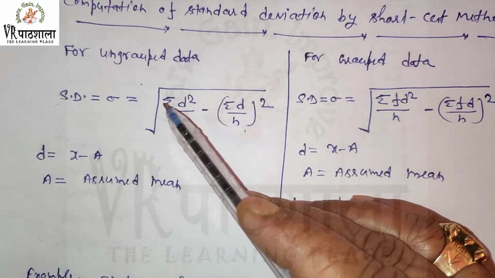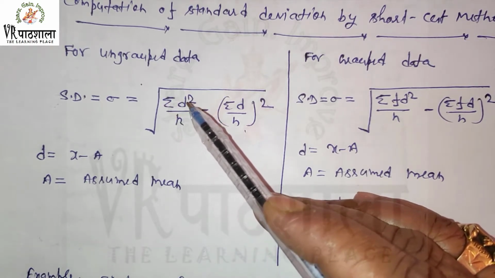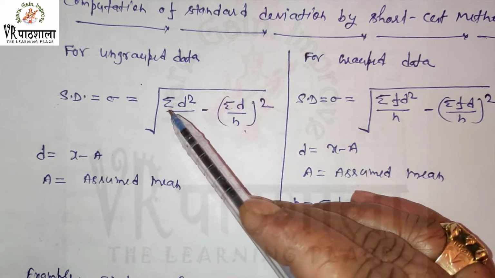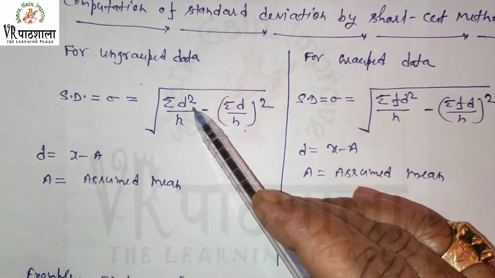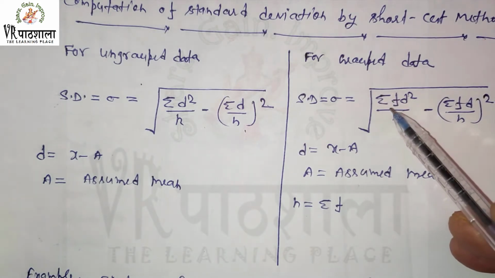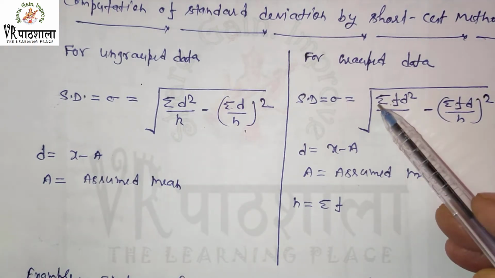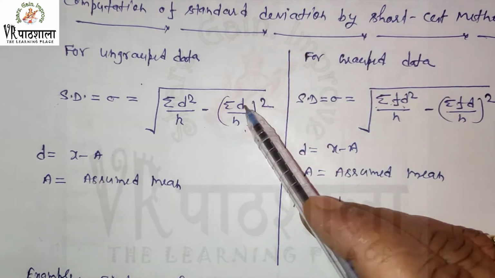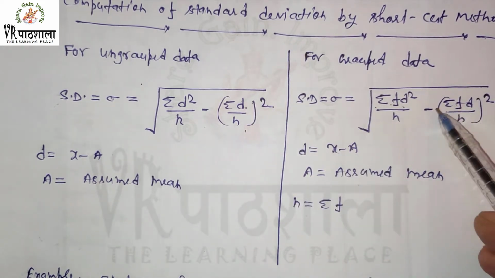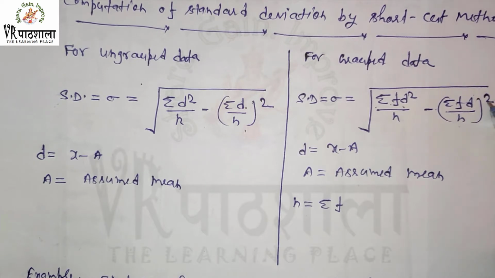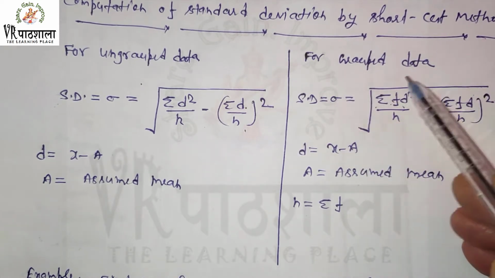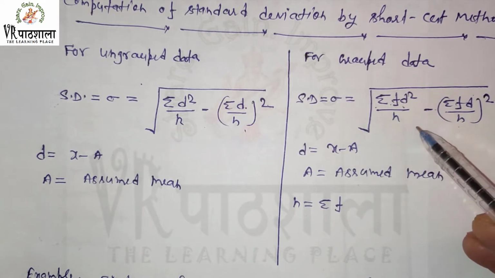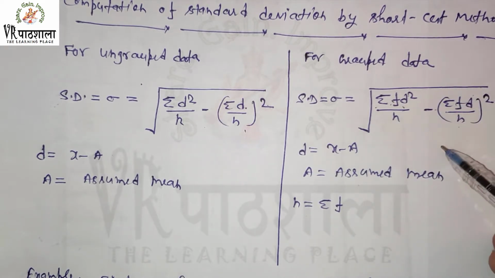In summation d square, we introduce f, so summation f d square. Similarly, in summation d, we introduce f: summation f d over n, squared. So this is the formula for grouped data: root of summation f d square over n minus the square of summation f d over n.